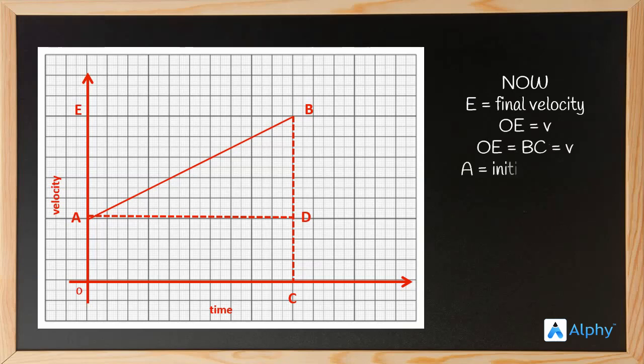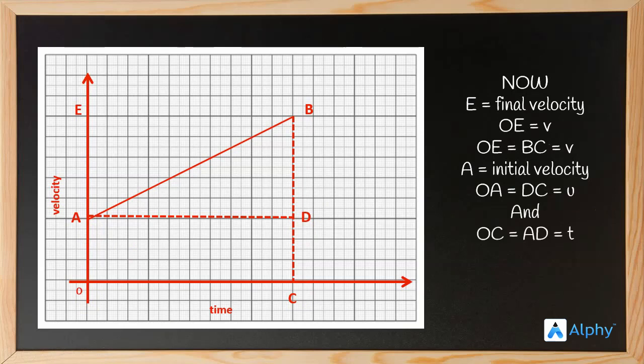Next, A corresponds to the initial velocity, like we said at the start. So OA equals DC equals U, which is initial velocity. Let's look at that on the graph. OA equals DC, which is equal to initial velocity.